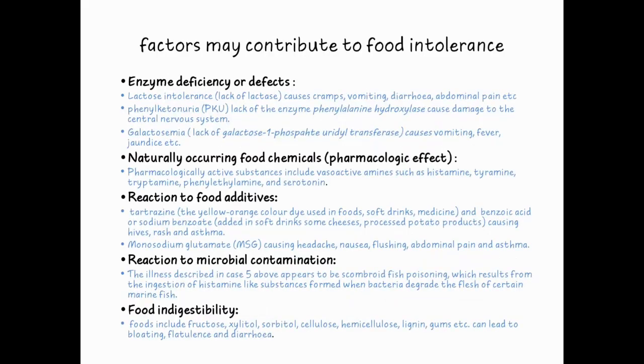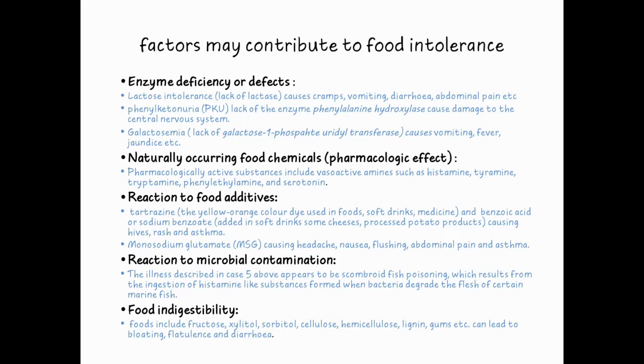Next, we are going to see the factors that may contribute to food intolerance. Enzyme deficiency or defects: lactose intolerance, as said, lack of lactase may cause cramps, vomiting, diarrhea, abdominal pain, etc. Phenylketonuria is the lack of the enzyme phenylalanine hydroxylase, which can cause damage to the central nervous system, because phenylalanine is an amino acid obtained by consumption of food.